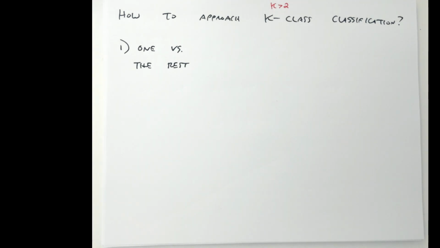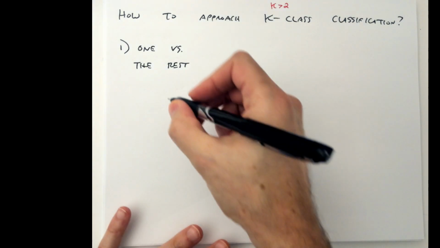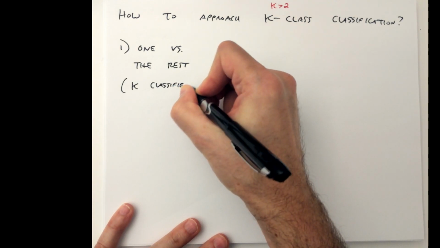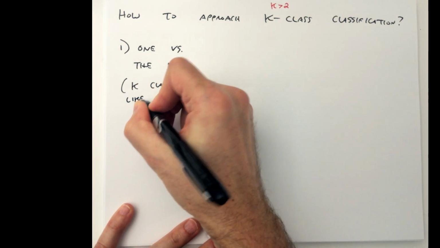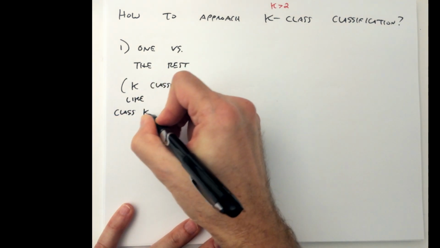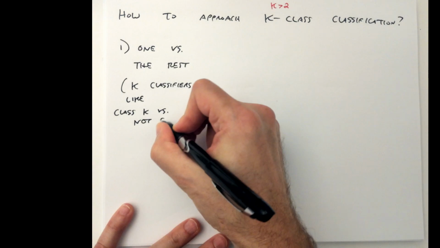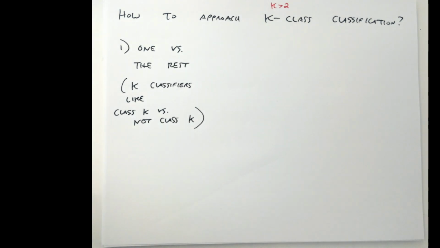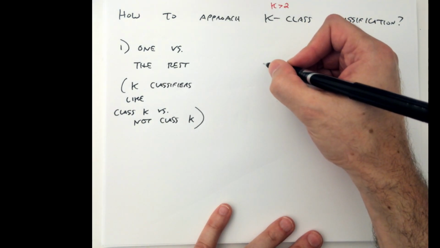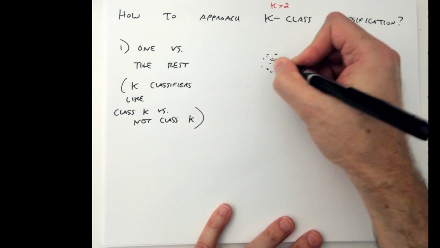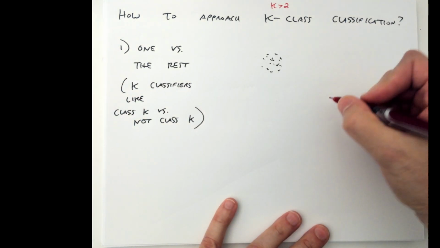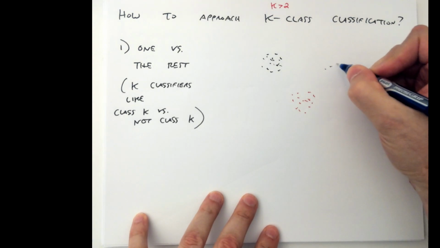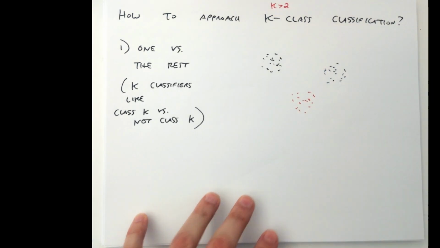That's basically saying, if I have K classes, I have K classifiers: class K versus not class K. So, for example, let's suppose I have a bunch of points over here in class 1, a bunch of points over here in class 2, and a whole bunch of points over here in class 3, okay?